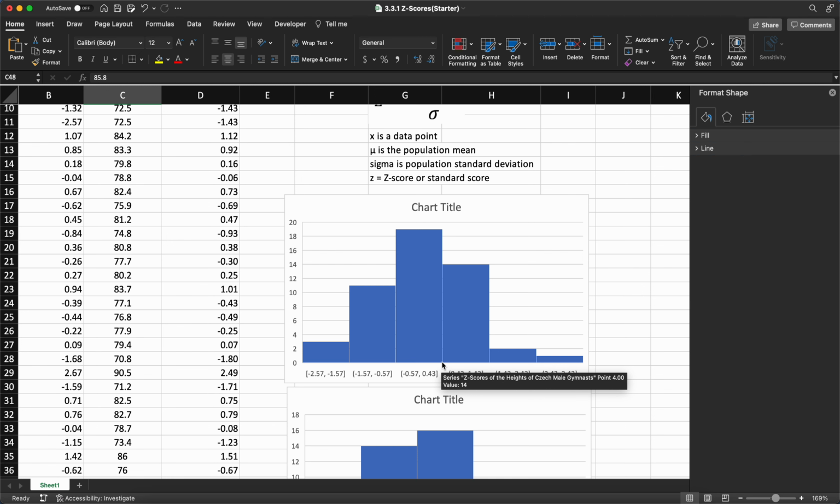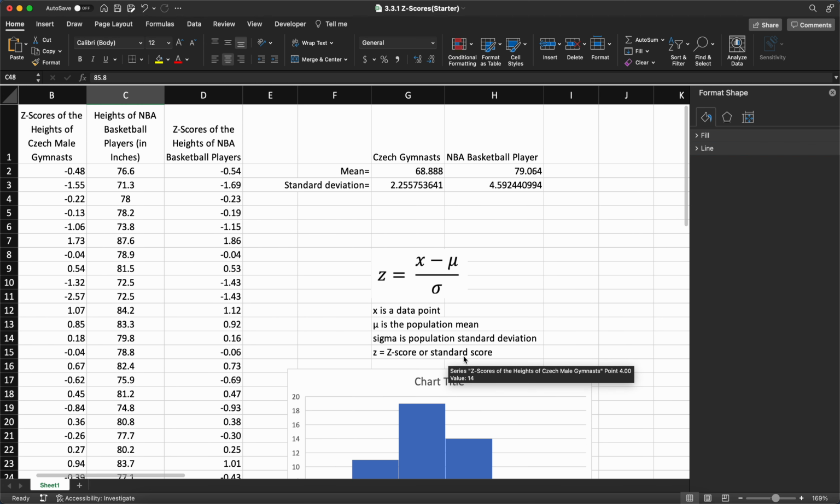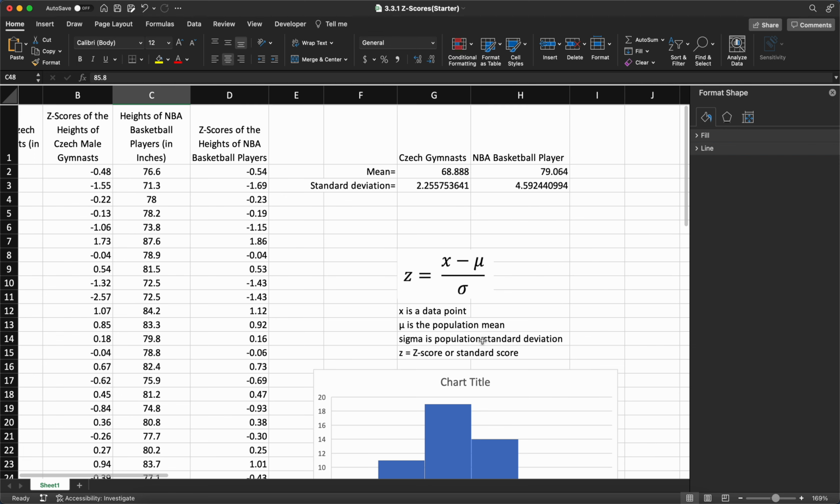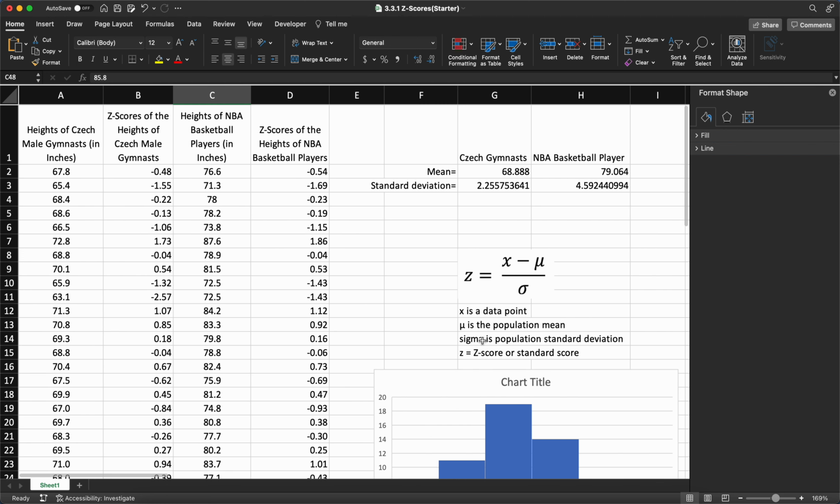It's just how many standard deviations am I above the mean or below the mean? And since this is normally distributed, this follows the empirical rule. And we can use the ideas of normal distributions to answer questions about this. All right, we'll do the next example in the next video.